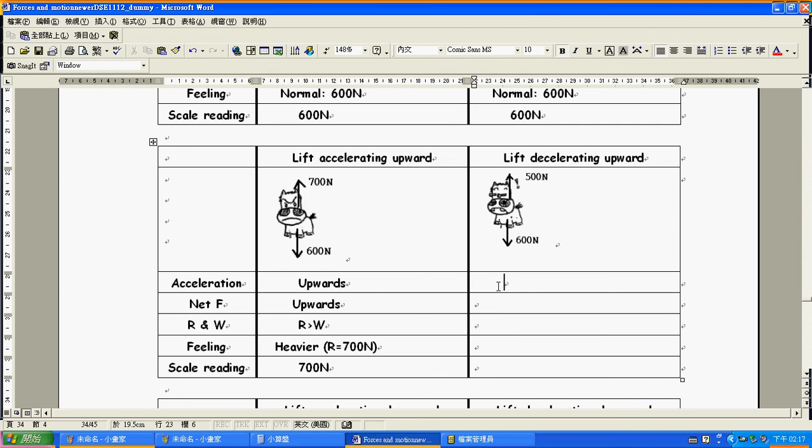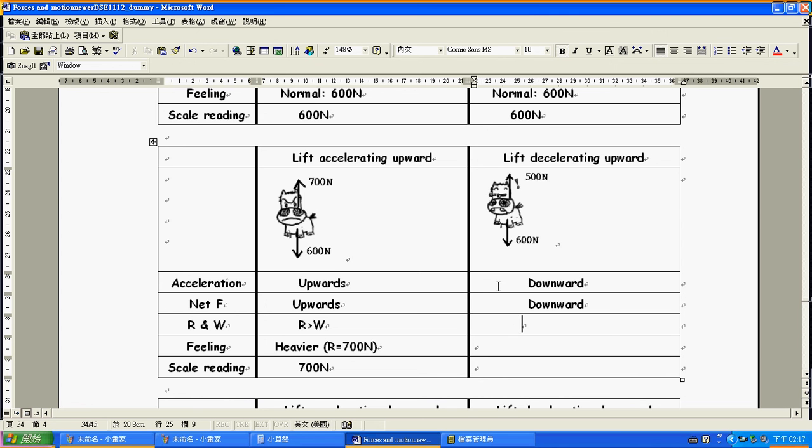Okay, now for the other case, when the lift is moving up, decelerating, the acceleration is downwards. So the net force must be downward.